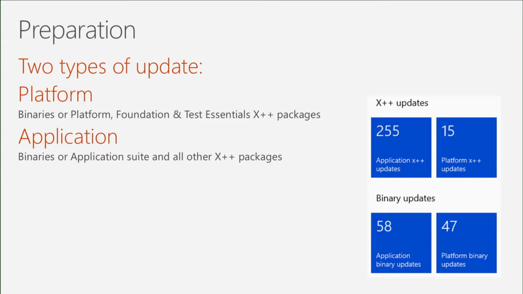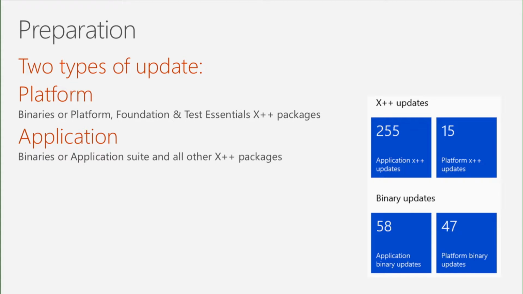Application updates, on the other hand, exactly like application updates from previous versions, are the business logic stuff. It's mostly X++, and it will be related to the forms and tables and so on that users are actually using in their business processes. So that means platform updates, for the most part, shouldn't affect anything to do with your customizations.